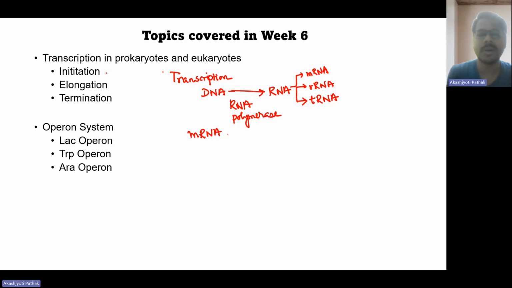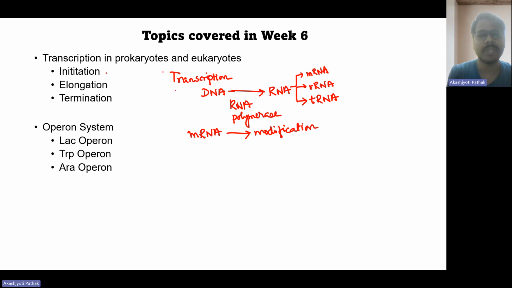And also these modifications help in the further translation process, which we will be discussing in week 6. Okay. So what are the modifications that take place in mRNA in eukaryotes? We also learned about that concept.